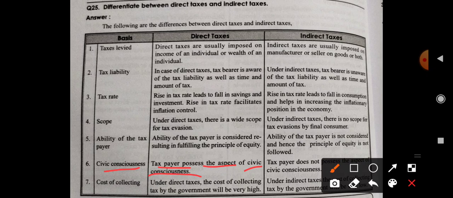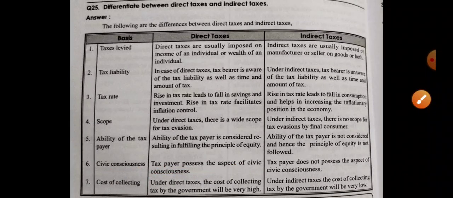So persons who are having the civic consciousness, they will file the return of income, they will show all their income and other things. Whereas in case of indirect taxes, does not possess any civic consciousness. అదంతా సీన్ లేదు కానీ అట్లా అంటుంటారు.